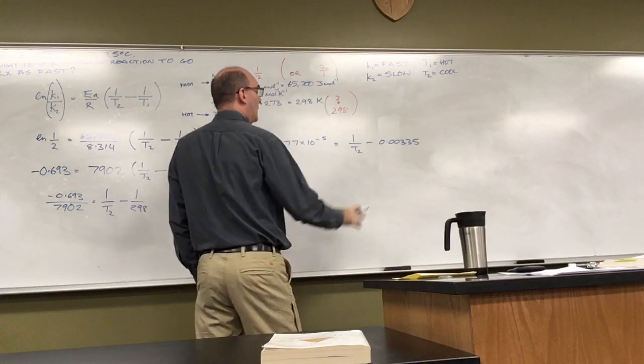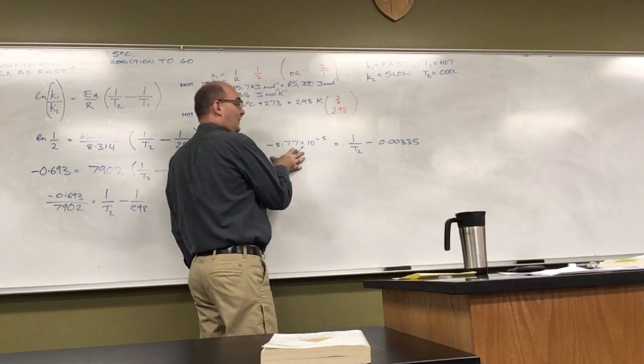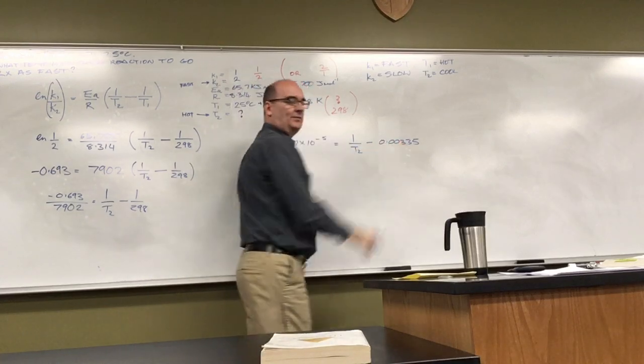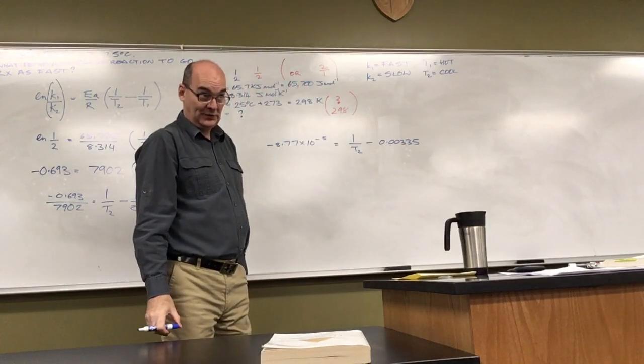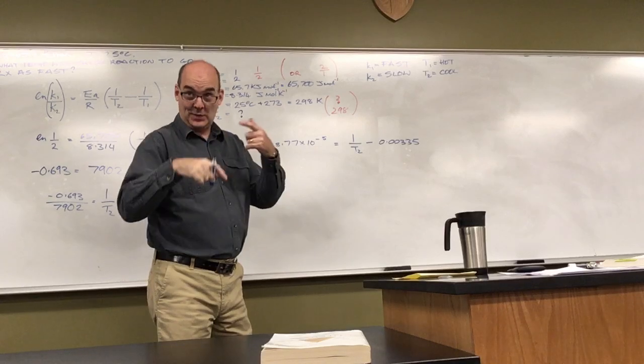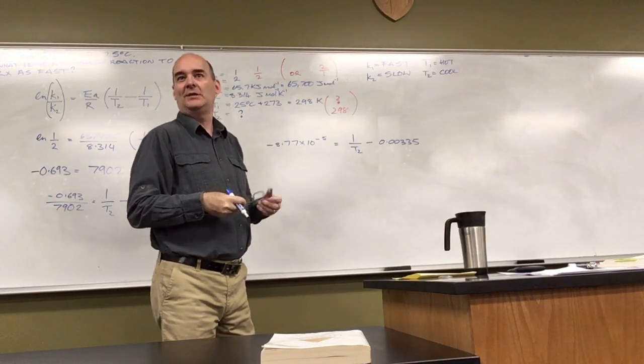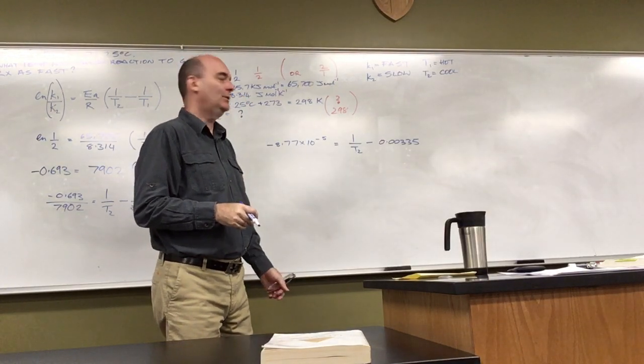So I have a negative on this side, and a negative on that side. I had warned you that that was going to happen because we had our numbers kind of upside down in the question, but it doesn't matter. It's all relative.